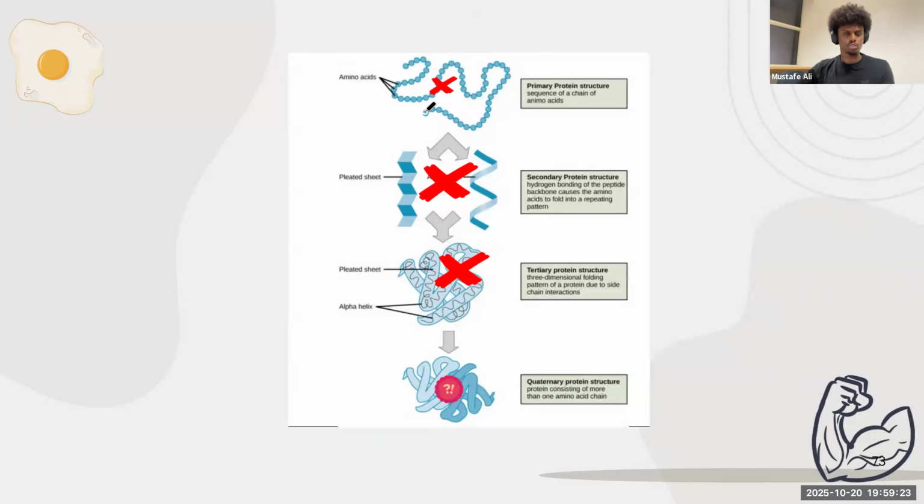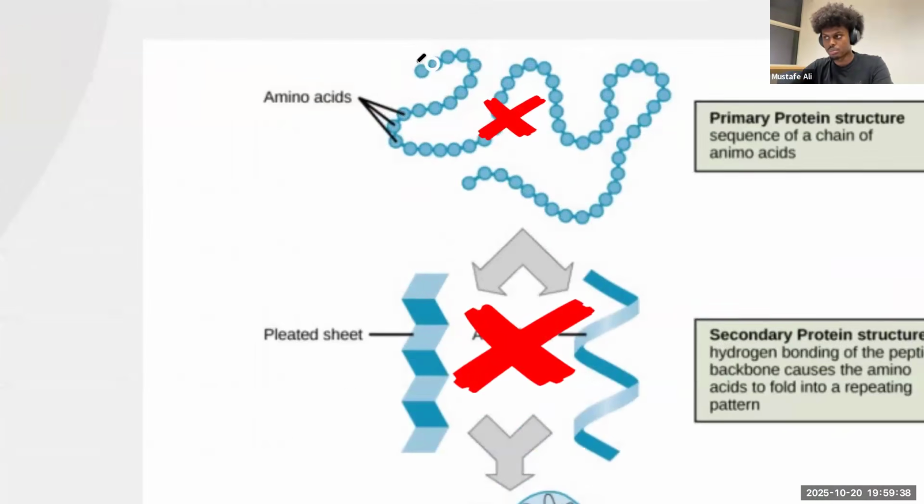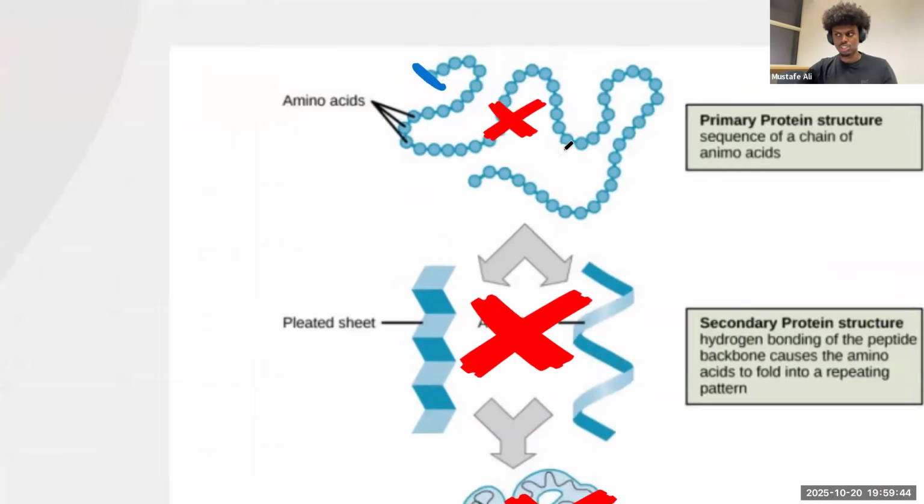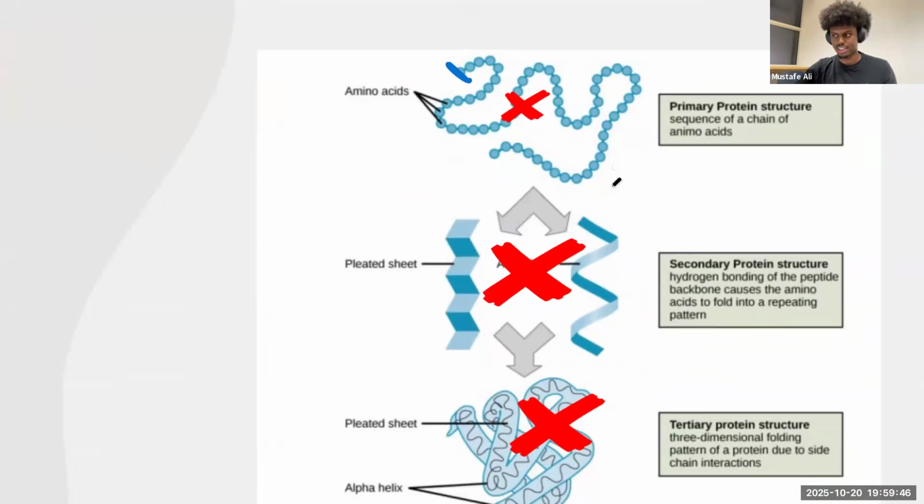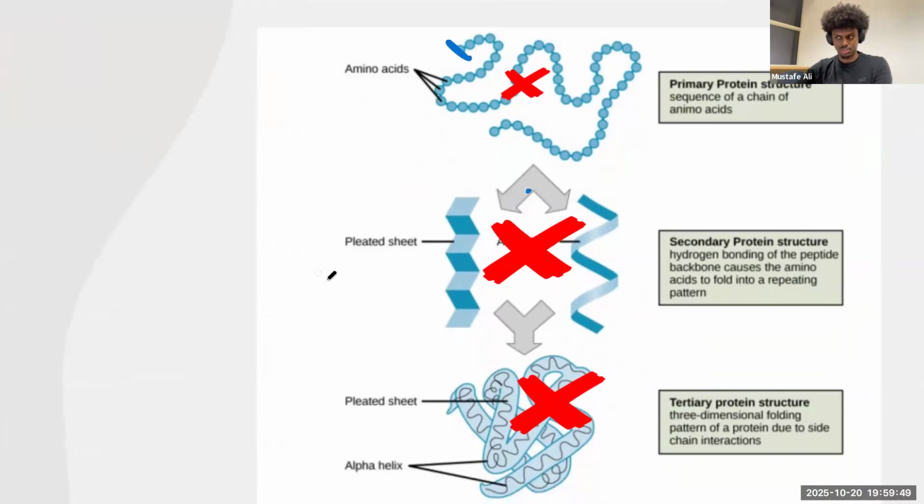We said that the primary structure is literally the sequence of amino acids joined together in a chain, right? If an amino acid is deleted, in this case phenylalanine, one of these amino acids will be removed. This will lead to the primary structure being different now. Now, because the primary structure is different, this will lead to the secondary structure being different too, right?